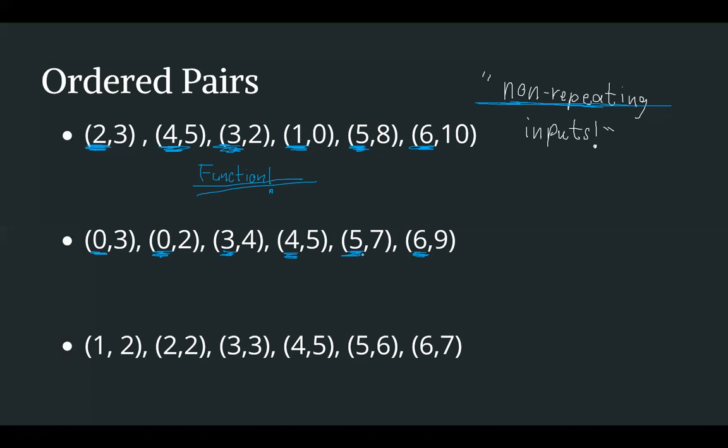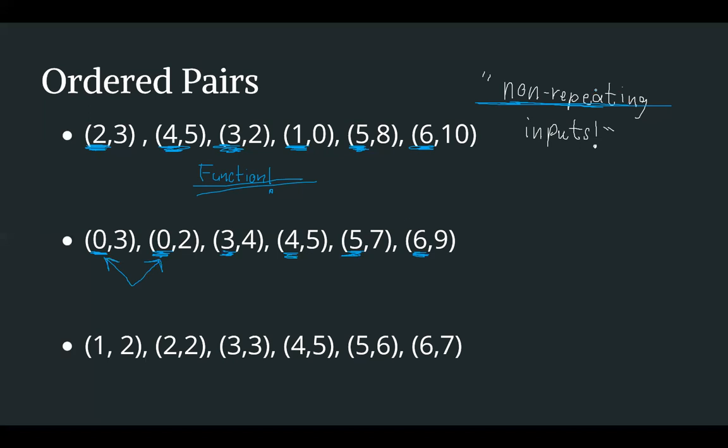Are they all the same? The answer is no. But let me ask you this question: is there more than one number that has the same value as another number? The answer is yes. And what are those? These two.